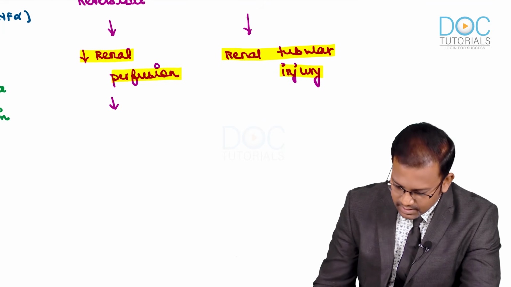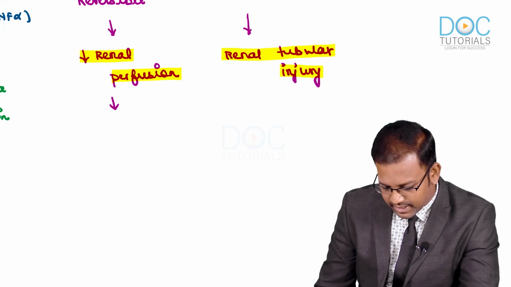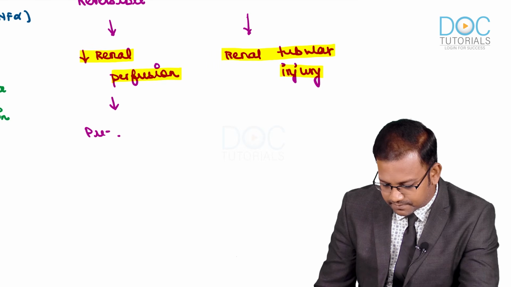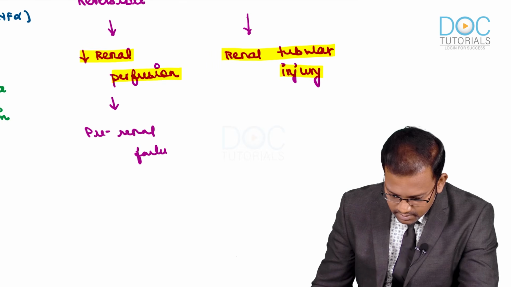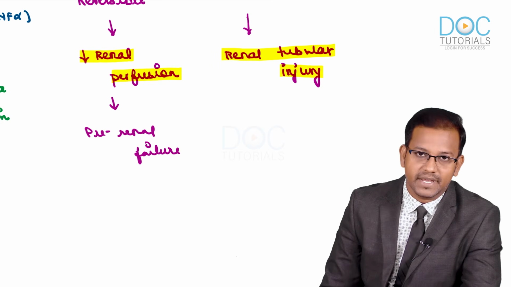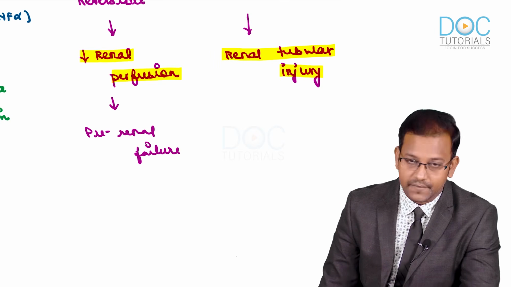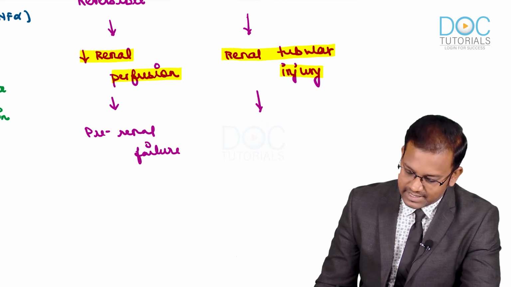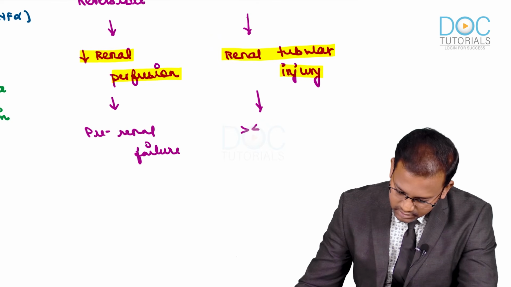Also, this decreased renal perfusion might produce a particular type of renal failure, which is pre-renal failure. Pre-renal failure can be expected with the reversible component, but renal tubular injury, on the other hand, can be seen only when the dose is more than 4 grams.